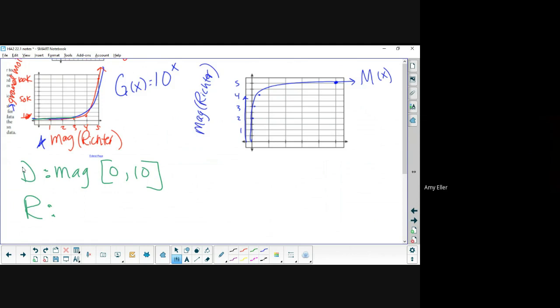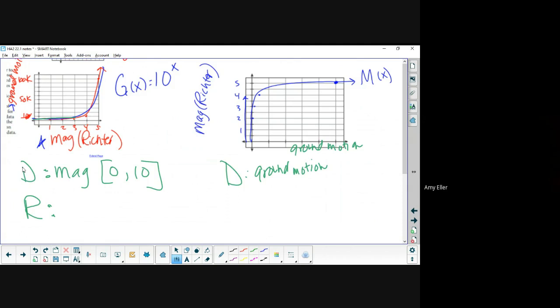All right, back to this. Let's do domain for this function. In words, I already erased it, but this was ground motion. It's technically ground motion compared to a 0, but you don't have to be that specific for right now.